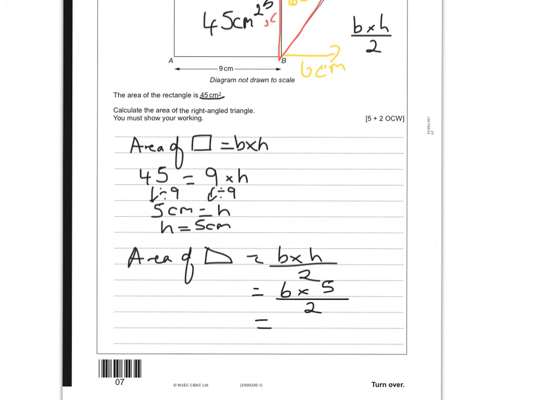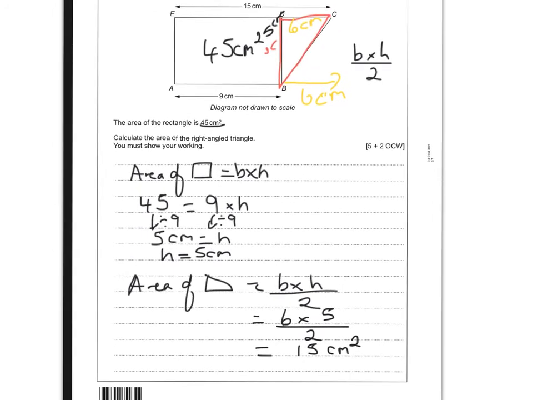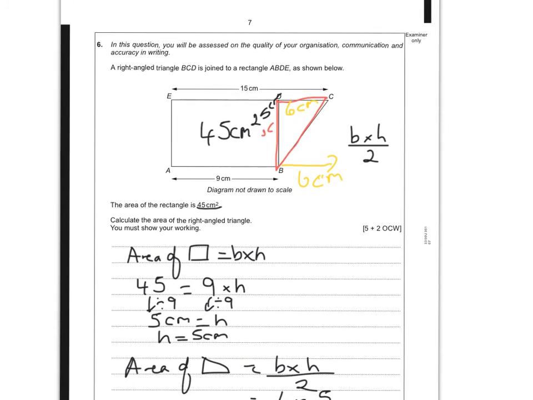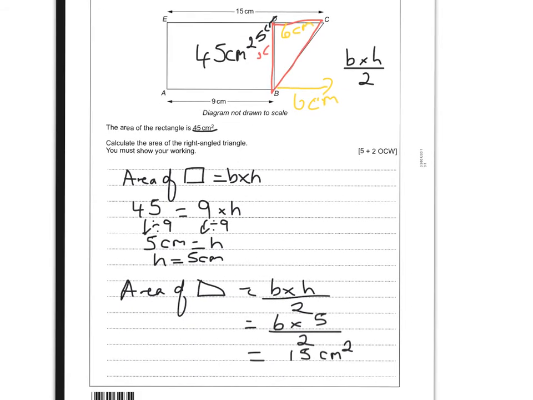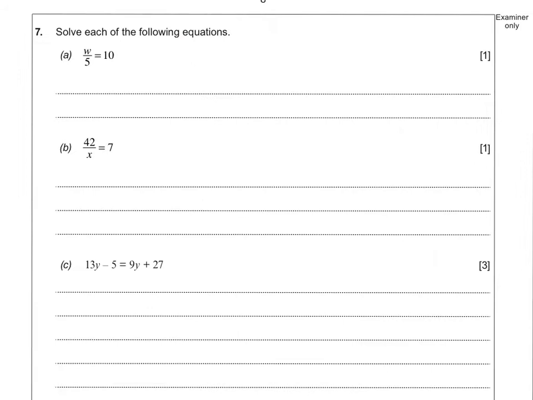So 6 times 5 is 30, 30 divided by 2 is 15, and we've been working in centimetres squared because it's an area. So you can see there I've got a clear layout of what's going on. I've got calculations that include units, and this will guarantee me my organisation and communication in writing marks. I don't need to write a massive paragraph at the end as some of you have been doing.